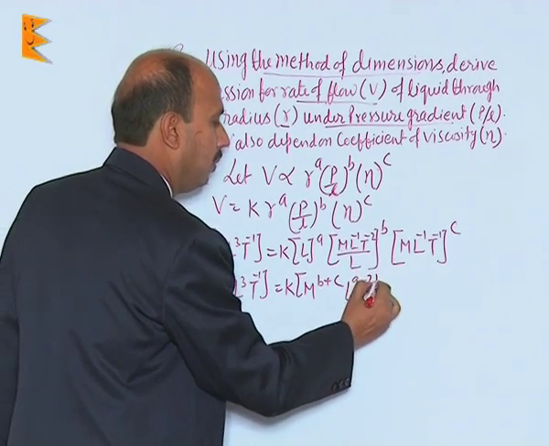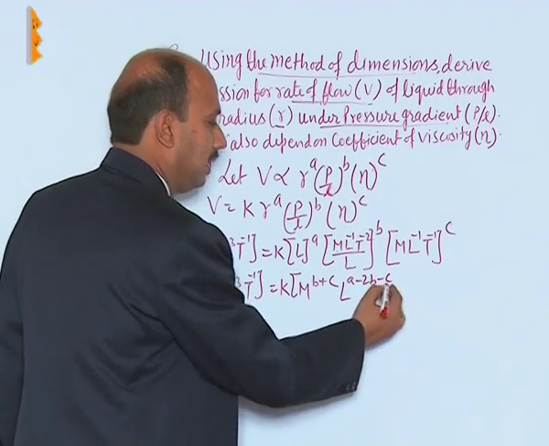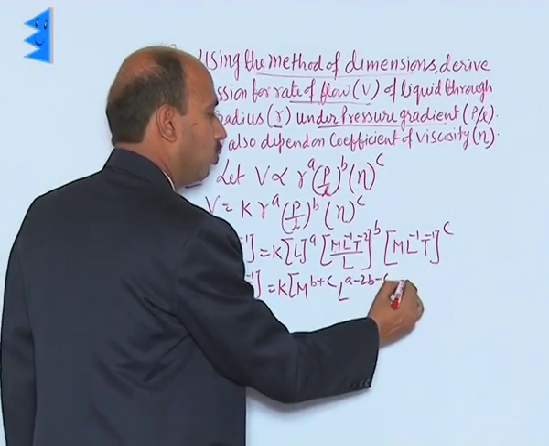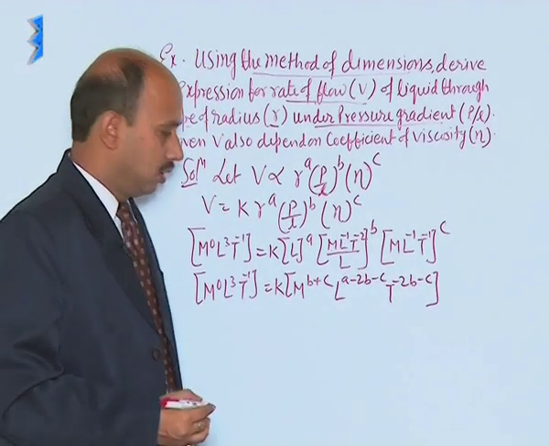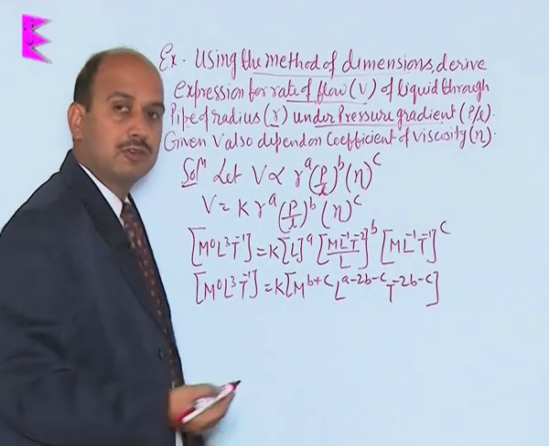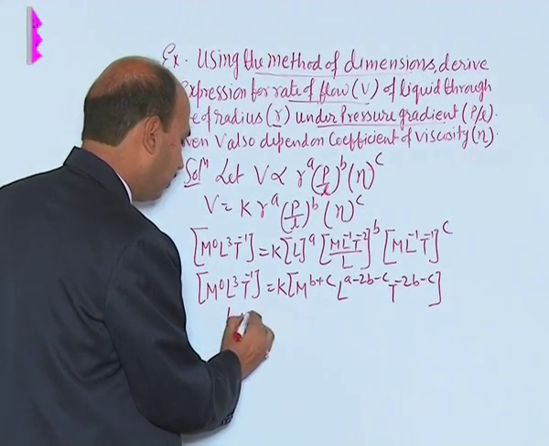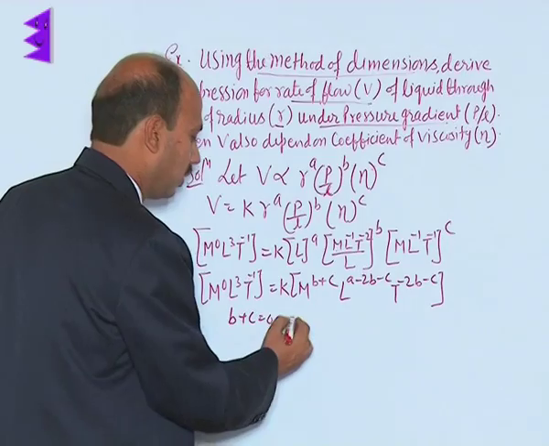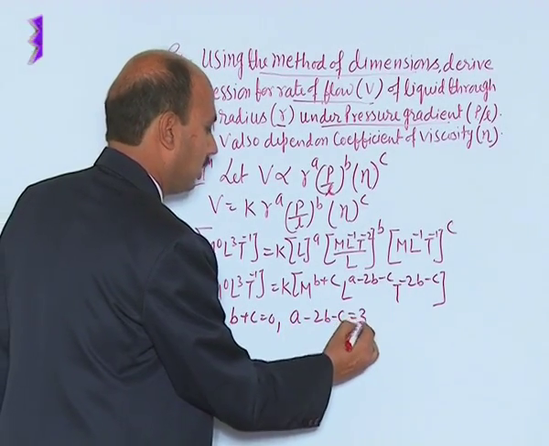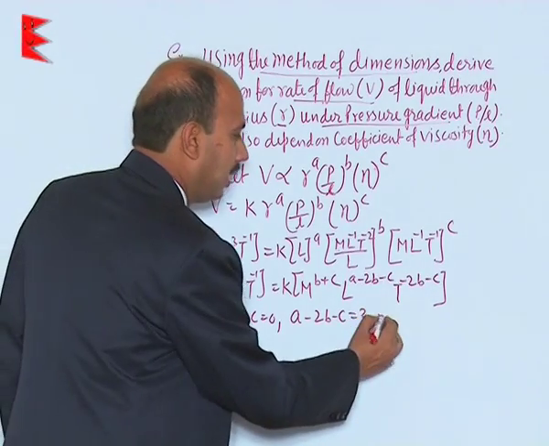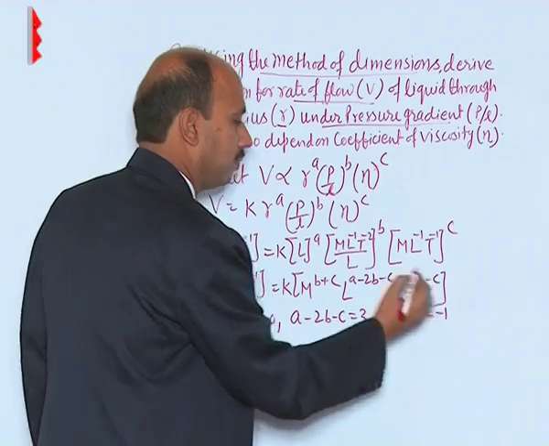So, a minus 2b, and L raised to power minus c here, and T raised to power minus 2b and minus c. Now, bases are same, so their exponents will be equal. So, we can write here b plus c is equal to 0, a minus 2b minus c is equal to 3, and minus 2b minus c is equal to minus 1.